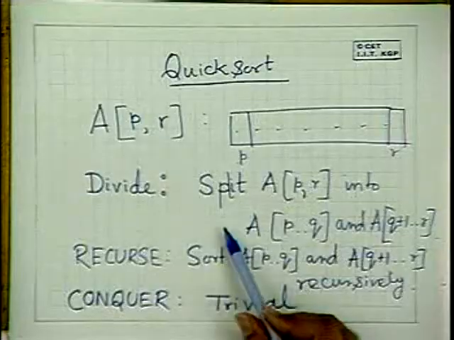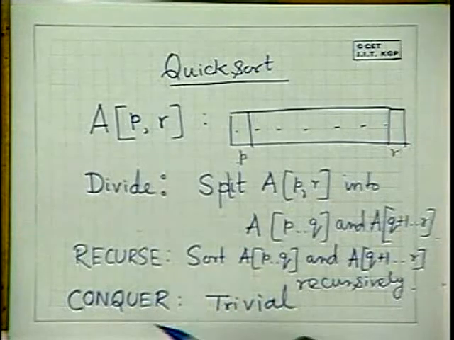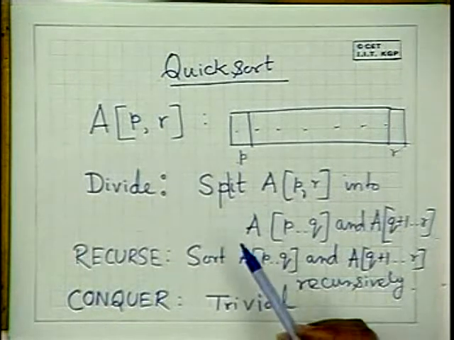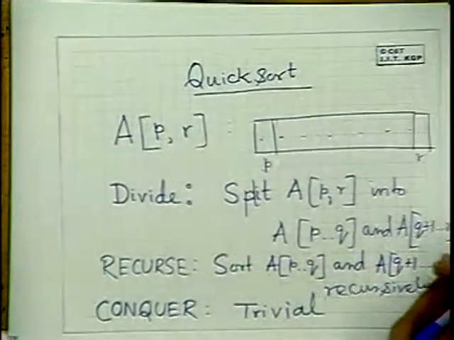Let's now go over each of these steps except this conquer step in a little more detail. First we have to partition the array A[P..R]. That's the most non-trivial step. Let's see how to do that.